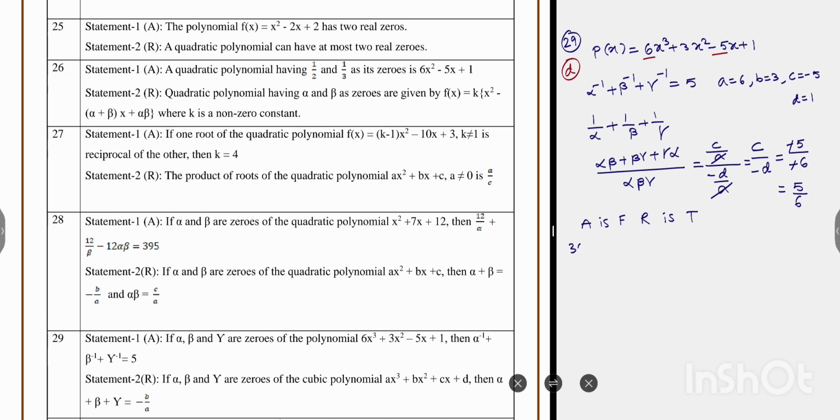The same method as before: we have to find the discriminant of x square plus 3x plus 3. Discriminant is b square minus 4ac. Here a is 1, b is 3 and c is 3. So 3 square minus 4 into 1 into 3 is 9 minus 12, which is minus 3, less than 0.